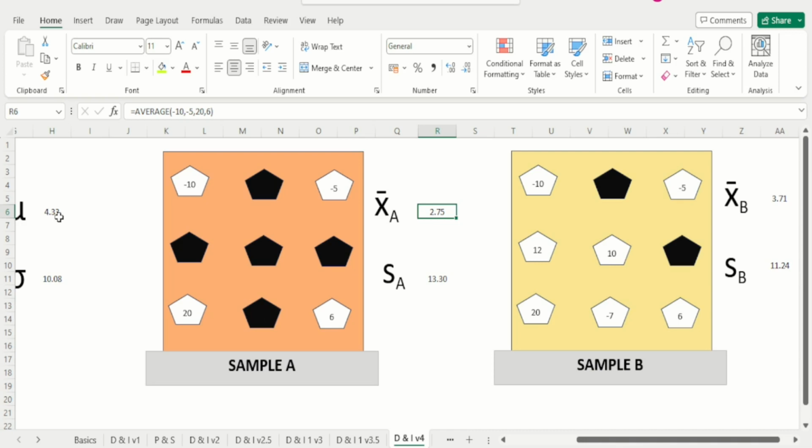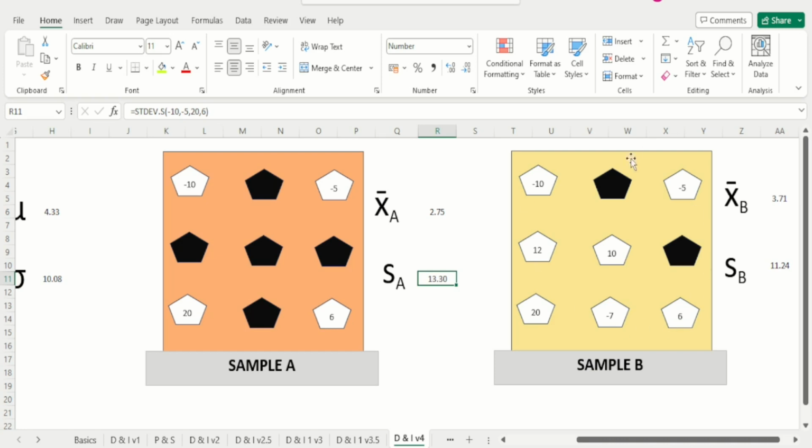So as your sample size increases, your representative statistic will get closer and closer to the actual parameter. Similarly, for standard deviation, the actual population parameter is 10.08. When we estimated the standard deviation of the population with 4 data points, we got 13.30, right?